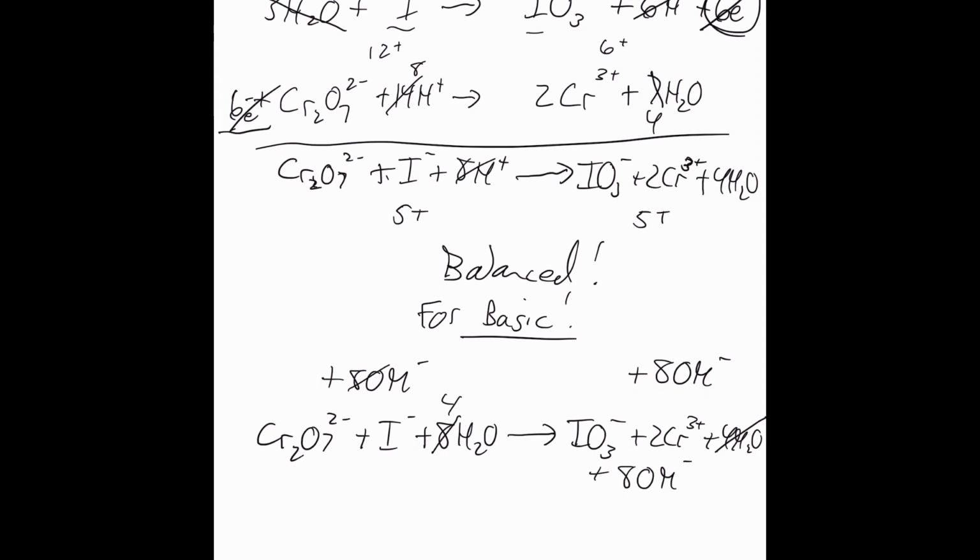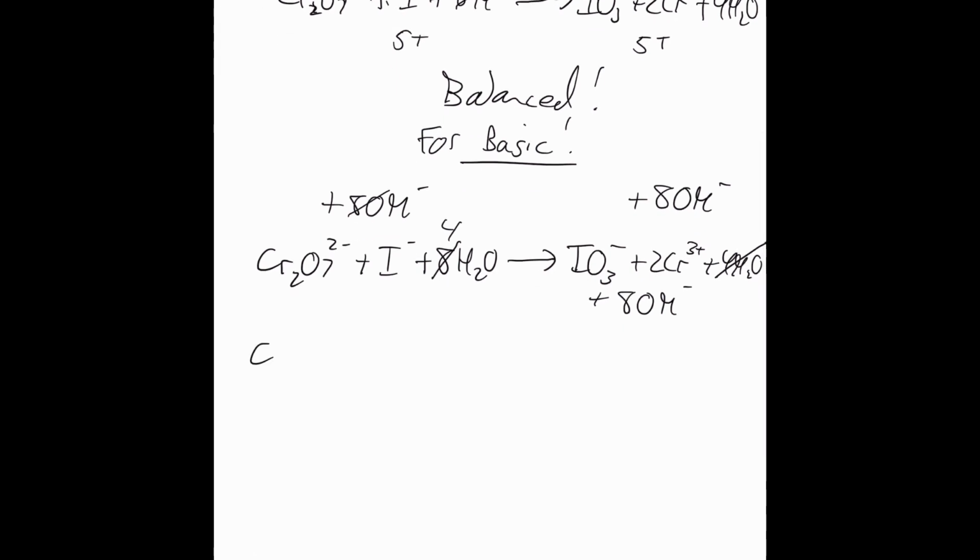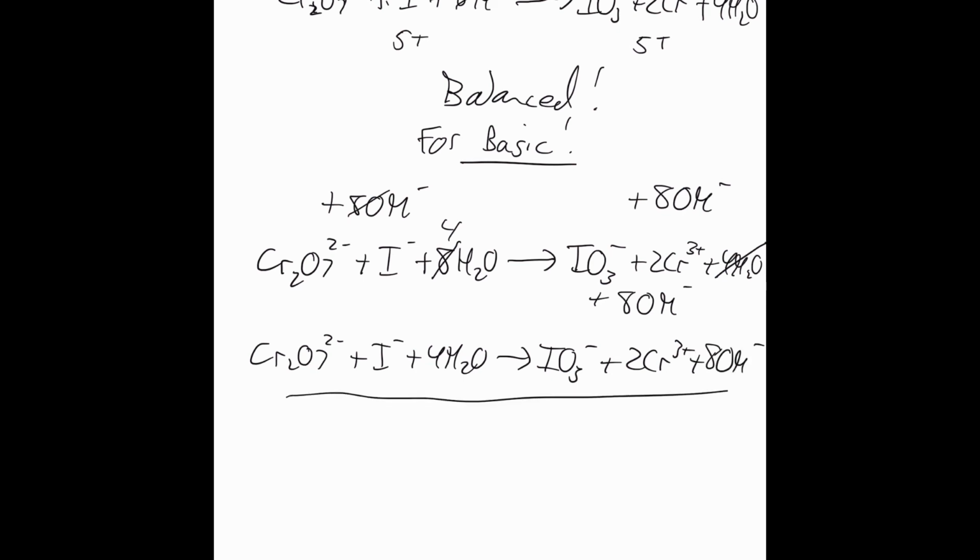So our final balanced reaction is Cr2O7 2 minus plus I minus plus 4 waters is IO3 minus plus 2 chromium plus 8 OH minus. That would be balanced in basic. So above was balanced in acidic, and we added the extra step to balance in basic.